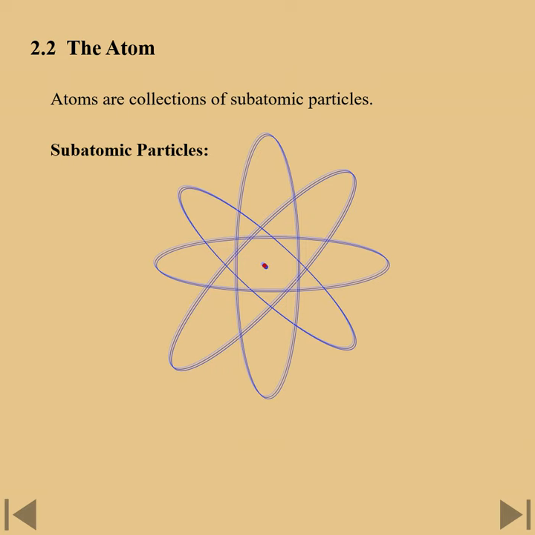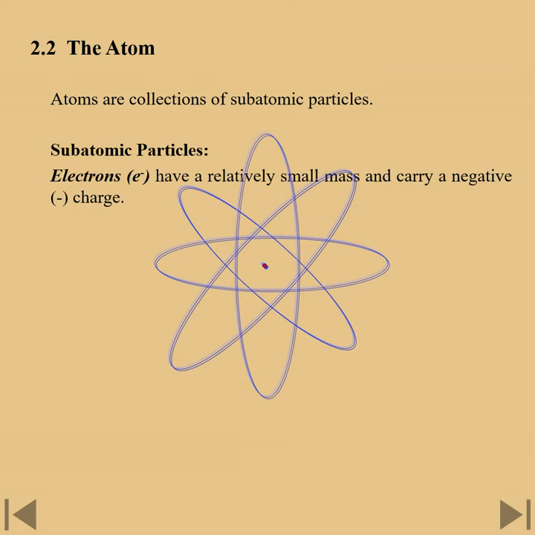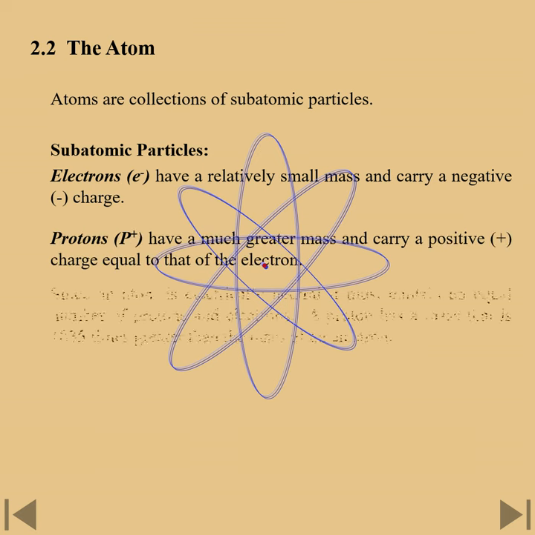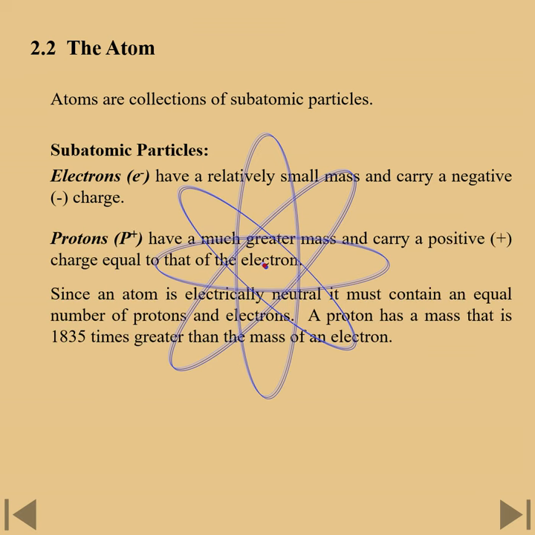Now, we are going to talk about subatomic particles, so I did mention electrons, and electrons, represented e negative, are these tiny little guys with a very tiny amount of mass and carry a negative charge, hence the negative with the e negative. Then we have protons, which are much larger, 1,835 times the mass of an electron, and they carry a positive charge, hence the plus.